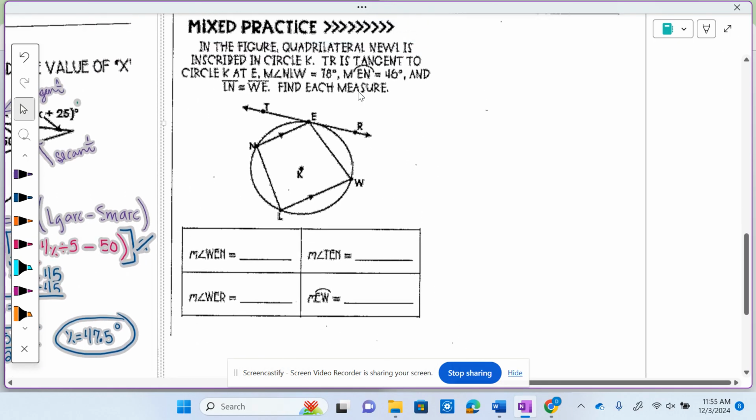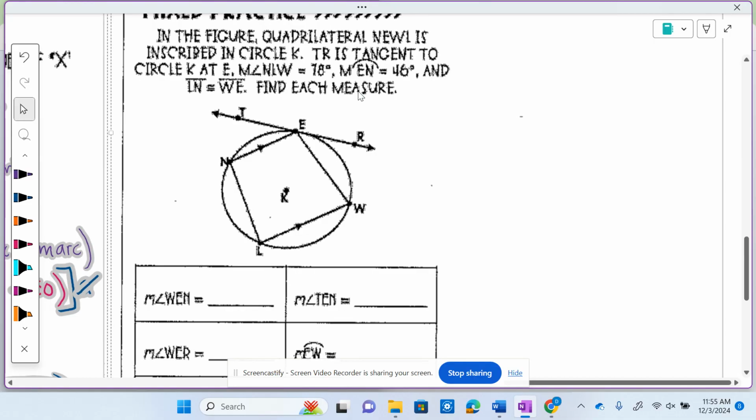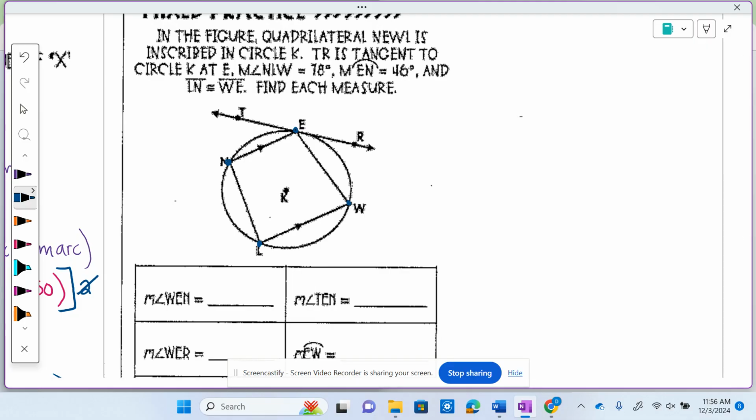Okay, so let's see. It says in the figure, quadrilateral NEWL is inscribed in the circle. And remember what inscribed means? Inscribed means that the vertices of the quadrilateral lie on the edge of the circle. Segment TR is tangent to circle K at E. The measure of angle LW is 78, so this angle right here is 78 degrees.